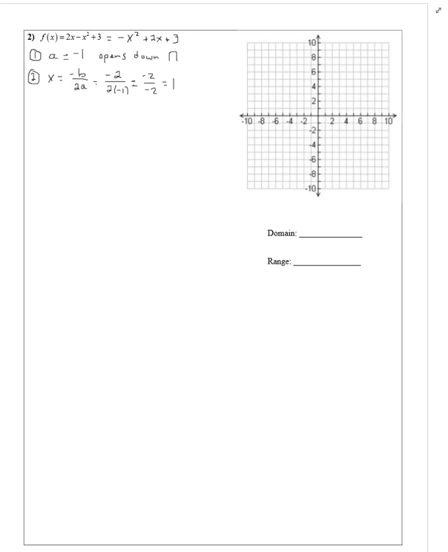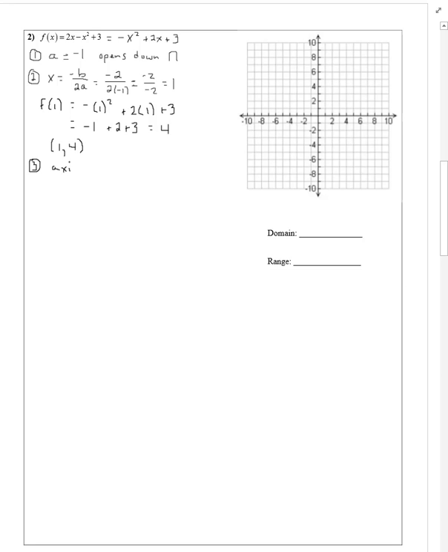Okay, we're going to plug in our x-coordinate now and get out our y-coordinate. So, f of 1 is -1 squared plus 2 times 1 plus 3, which gives us -1 plus 2 plus 3, which is a +4. So our vertex is at 1, 4.